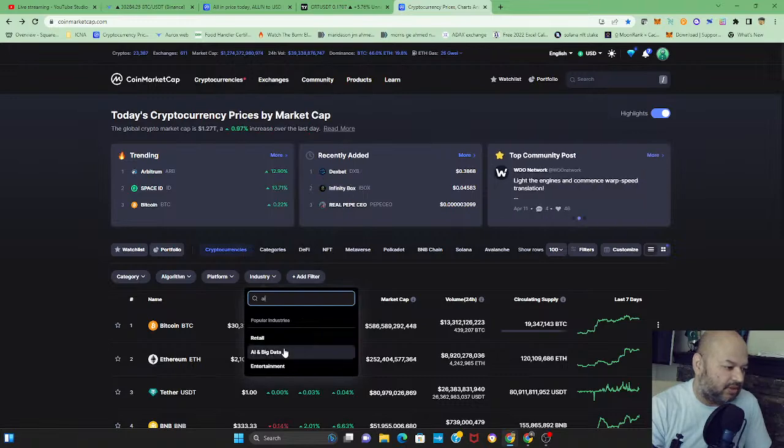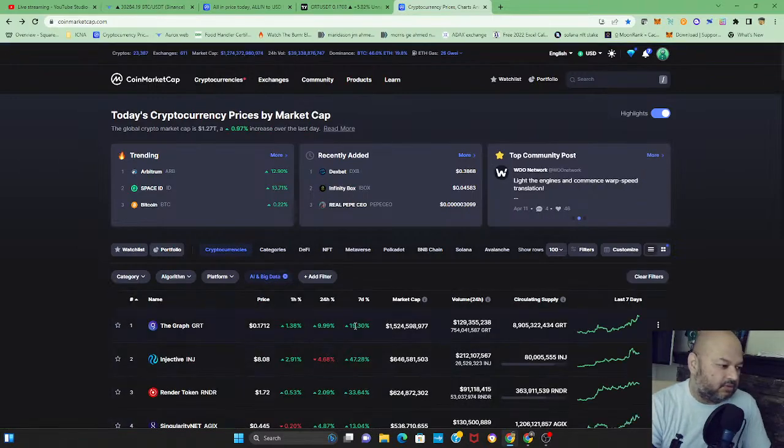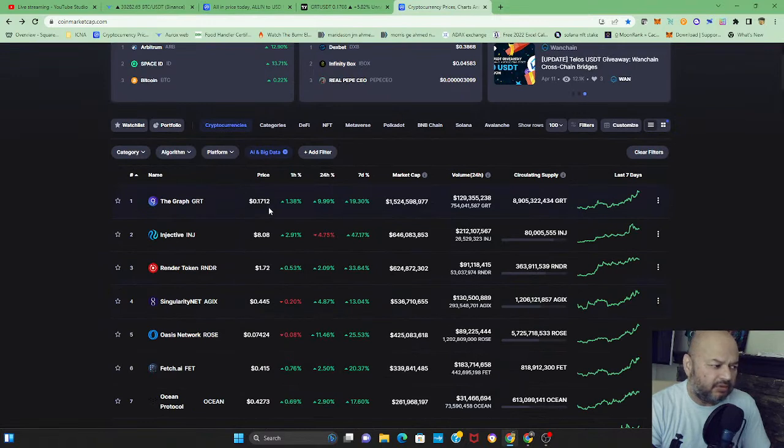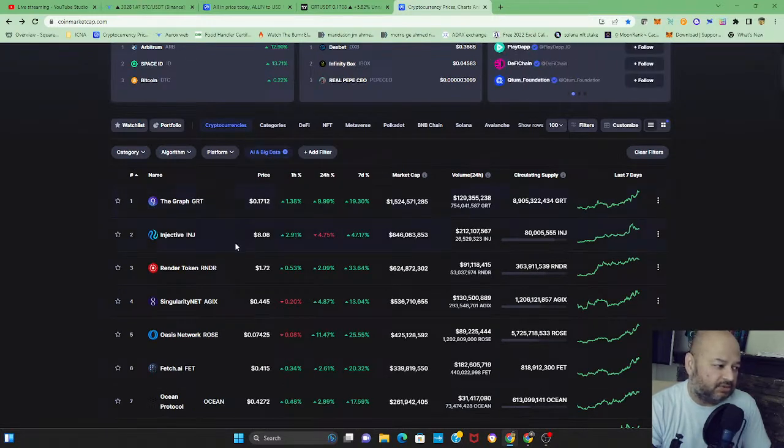Yeah, AI and big data. Okay, so number one obviously is Graph, and the one catching up is Injective, that we just looked into and talked about. And then number three is Render token.